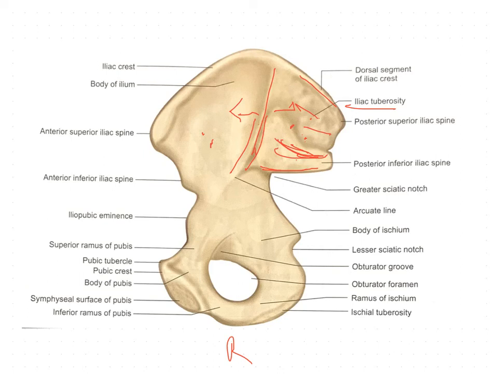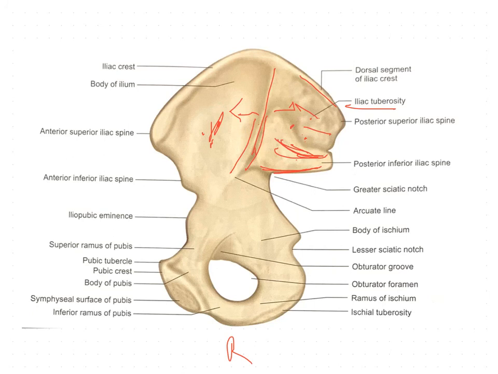The true pelvis is formed by the pelvic surface of the sacropelvic surface, whereas the iliac fossa forms the lateral wall of the false pelvis. Along the upper border of the greater sciatic notch, this surface is marked by the preauricular sulcus. This sulcus is deeper in females than in males.